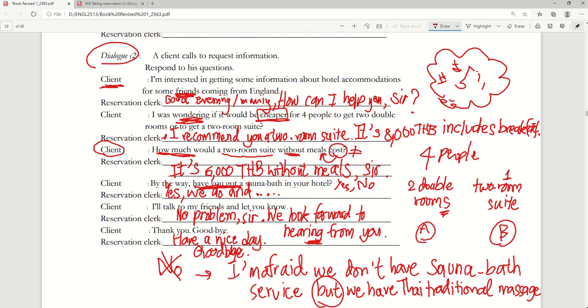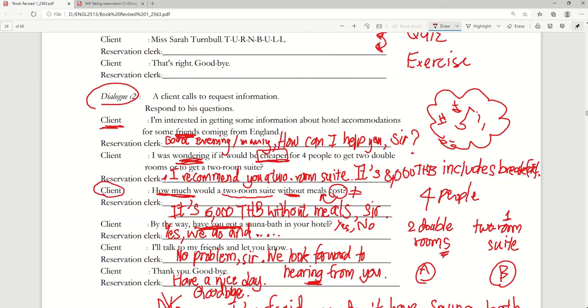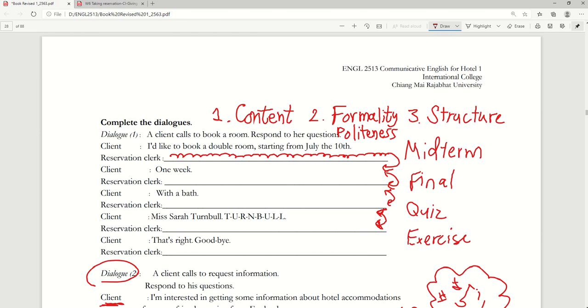Use your imagination and think about content, the story. And also you have to think about formality, politeness, and structure. So you have to pay attention to making a conversation.